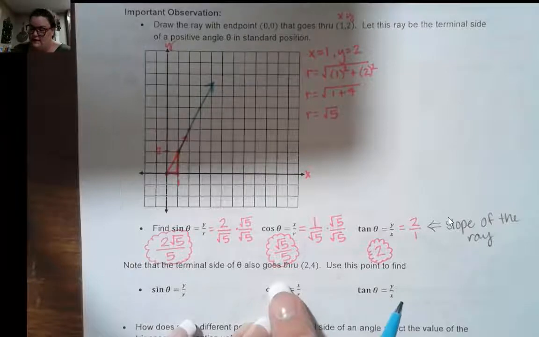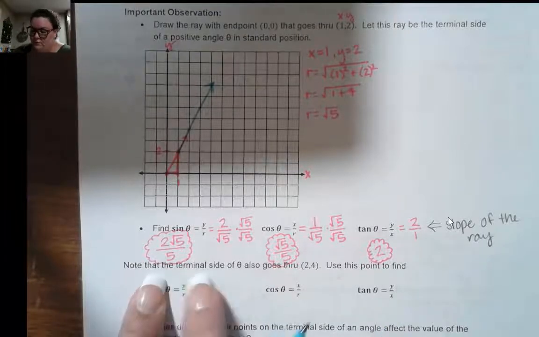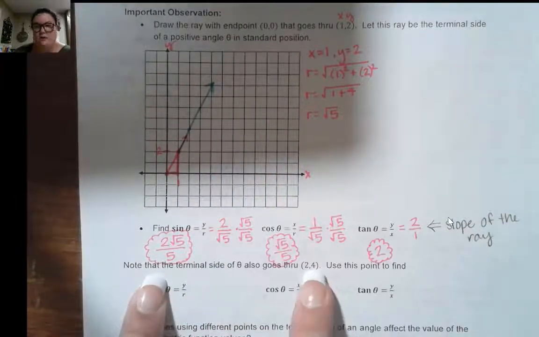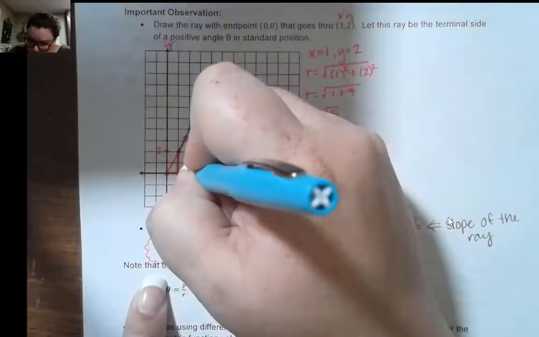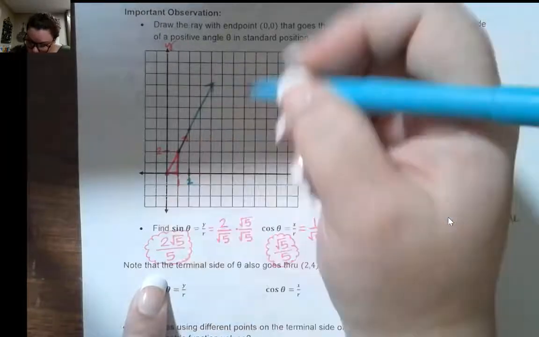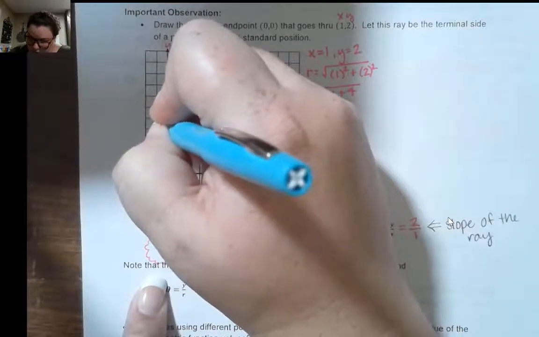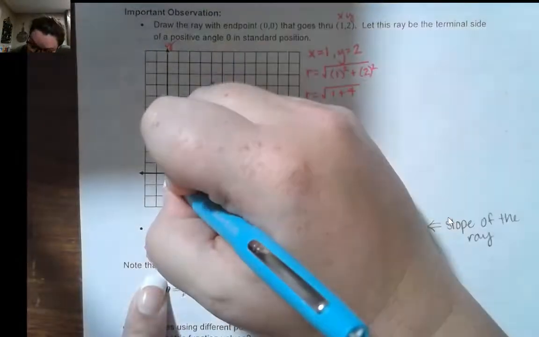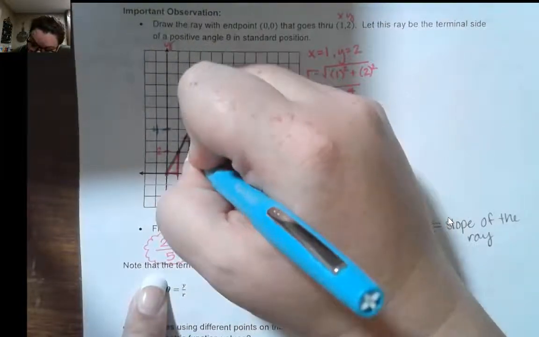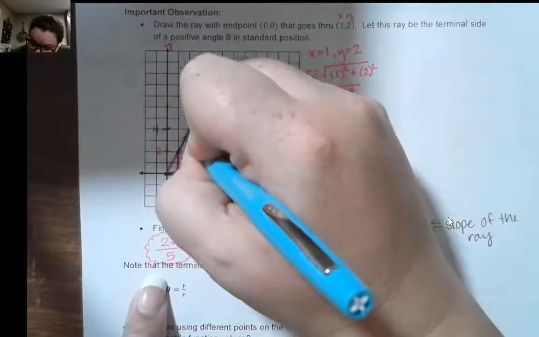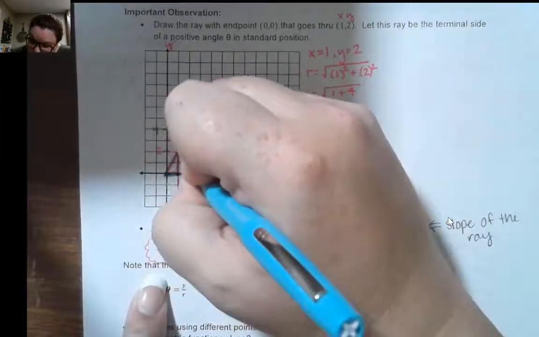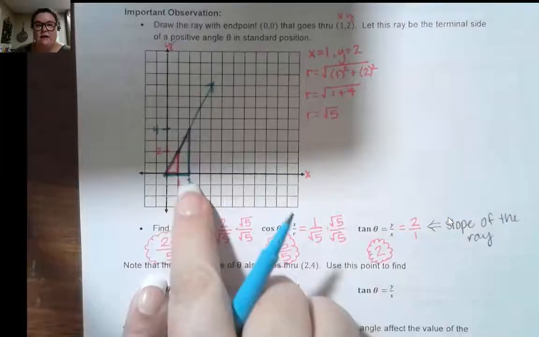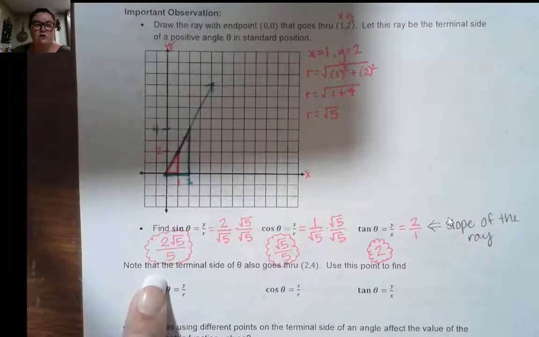So what this is saying is, note that this terminal side of the ray also goes to the point (2, 4). So I'm just going to mark that on my graph. So here's 2, and up here is 4. So what I want to do now is use this triangle that goes through the point (2, 4), and see, if I were to use that triangle, how would my trig function values differ, or would they differ?